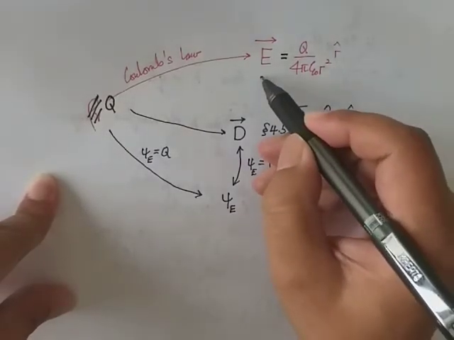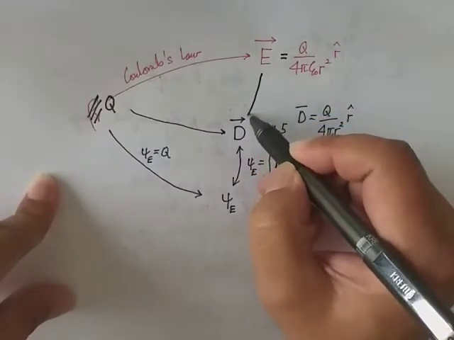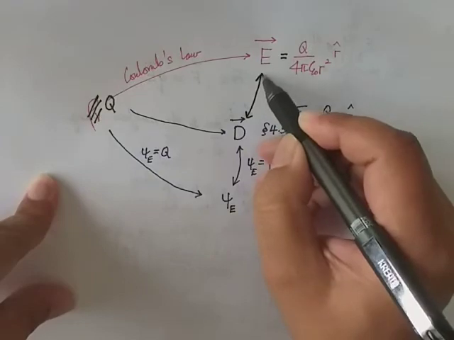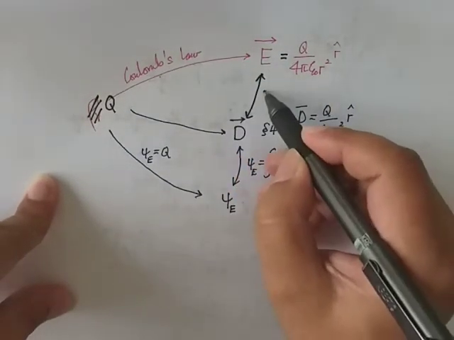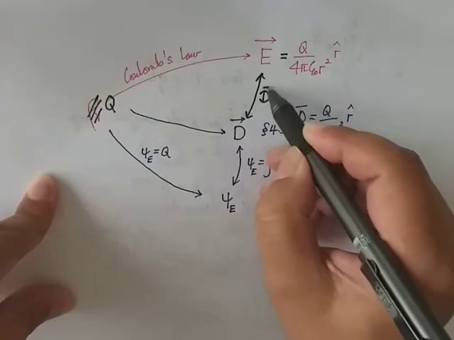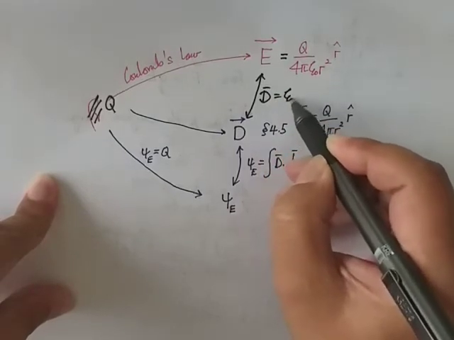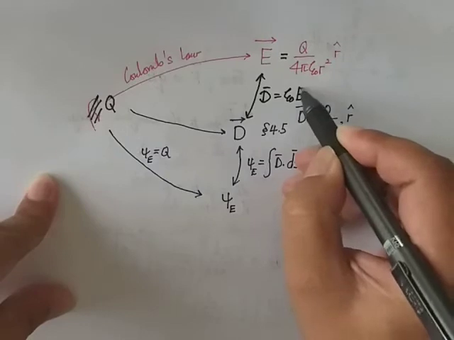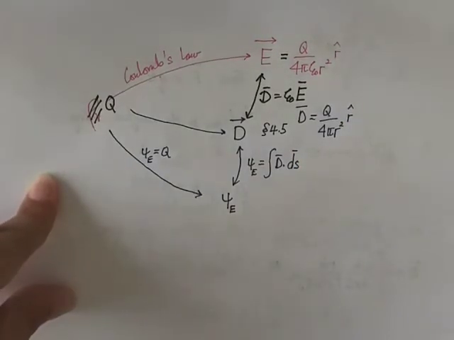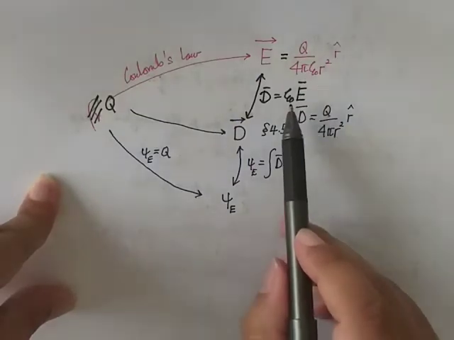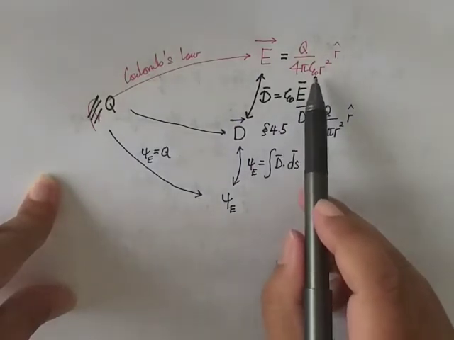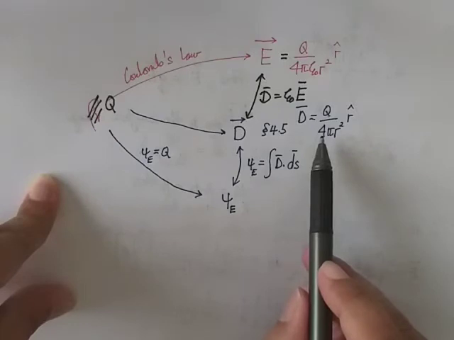So we can say now that E can be related to D by this: D is actually equal to epsilon naught multiplied by the E. If you do this mathematics, when you multiply E by epsilon naught, the epsilon naught cancels with this epsilon naught, and we end with the equation without the epsilon naught parameter.